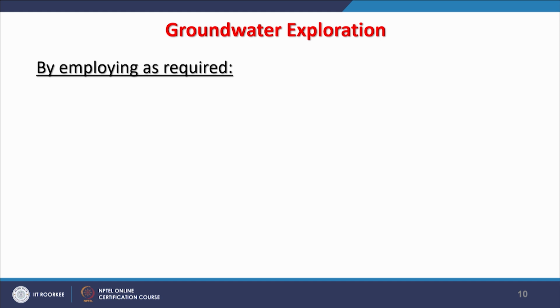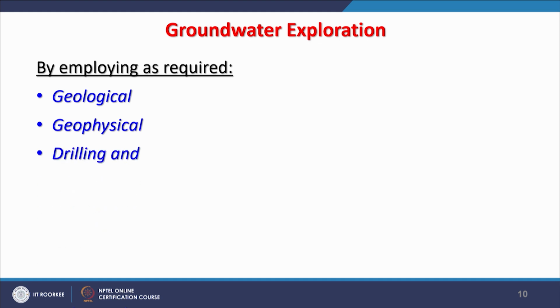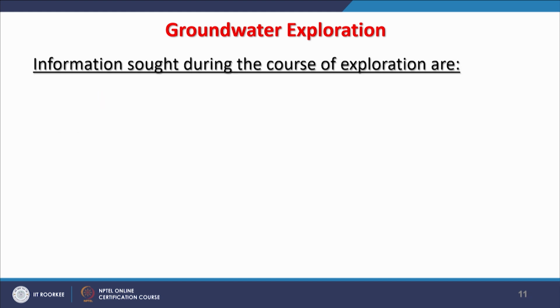So, generally as per requirements these things are employed. First geological, geophysical, drilling, and lastly other techniques are also involved, as per the requirements. Many times in hard rock terrain you may not need to go for geophysical or test drilling. Based on simple surface investigations, one can be sure that water might be available, as there are several indirect evidences indicating the availability of water.